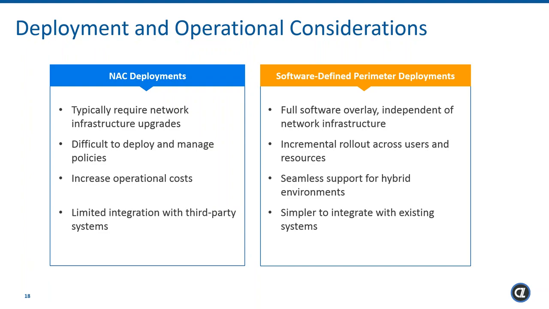They can get moving in 2, 3, 4 weeks very successfully, which compares very favorably to the 9 to 18-month typical deployment cycle for NACs, which are all or nothing because the network hardware has to sit inline and manage access for everything on the VLAN.